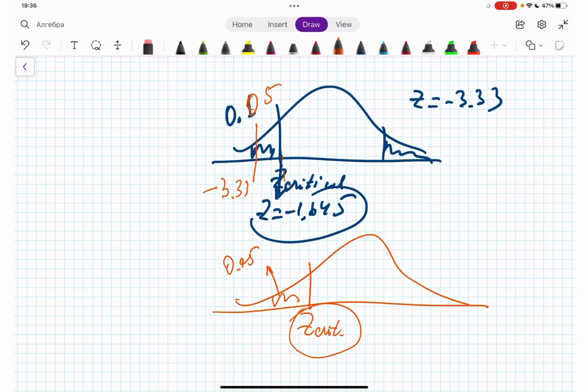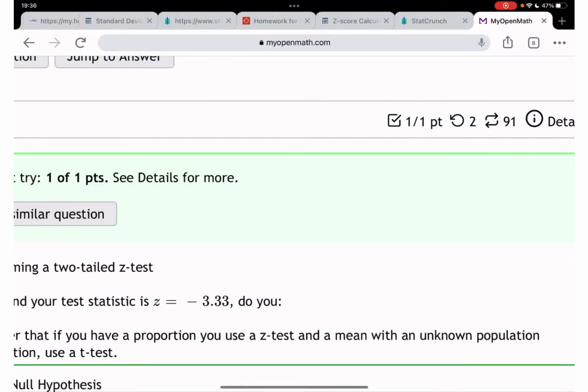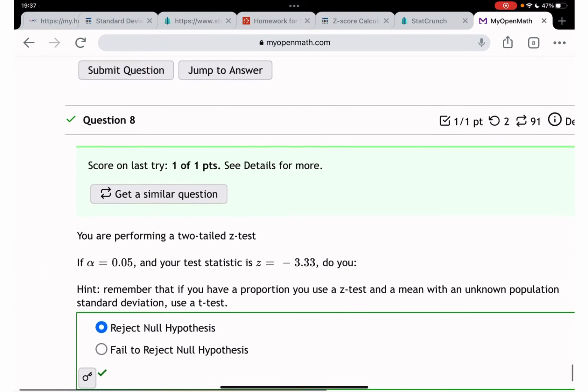And the Z-score that is given, negative 3.33, you figure out where it is located relative to your Z critical. If it's negative 1.645, then negative 3.33 is falling somewhere here in the rejection area, because the alpha area is our error. That's the rejection area, not the acceptable area.